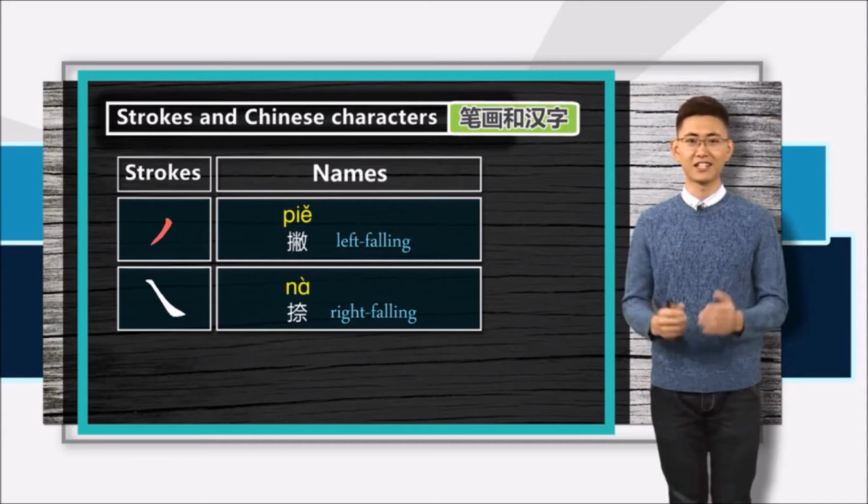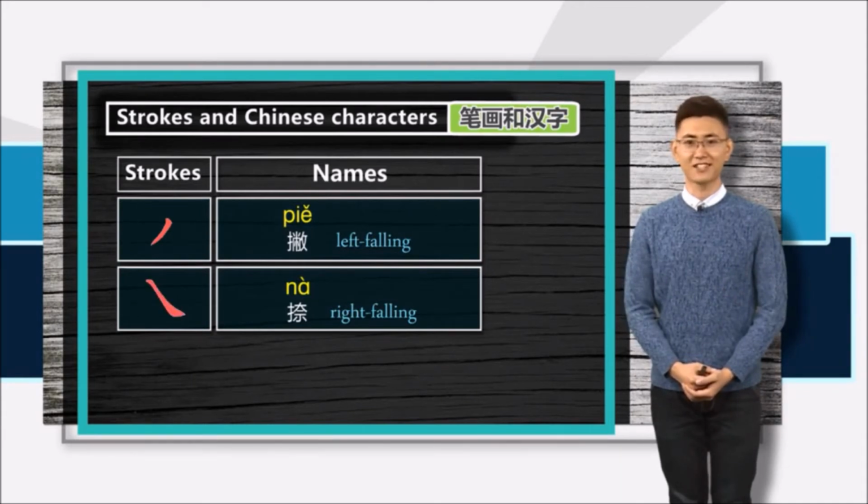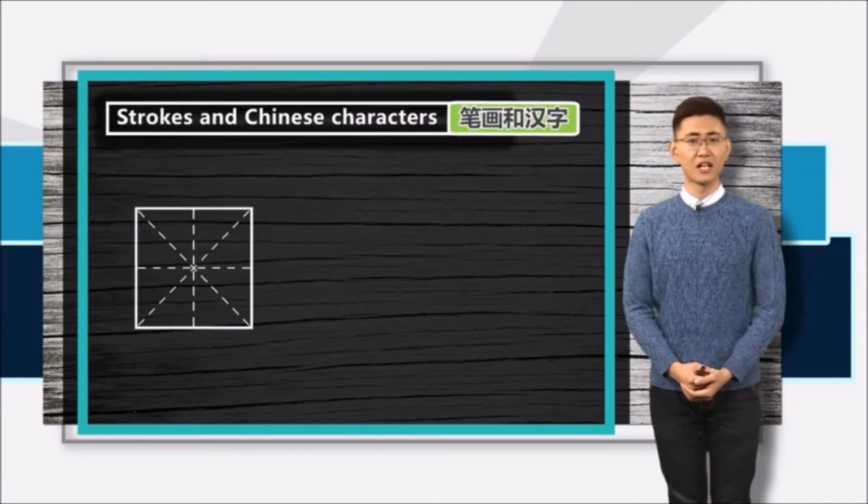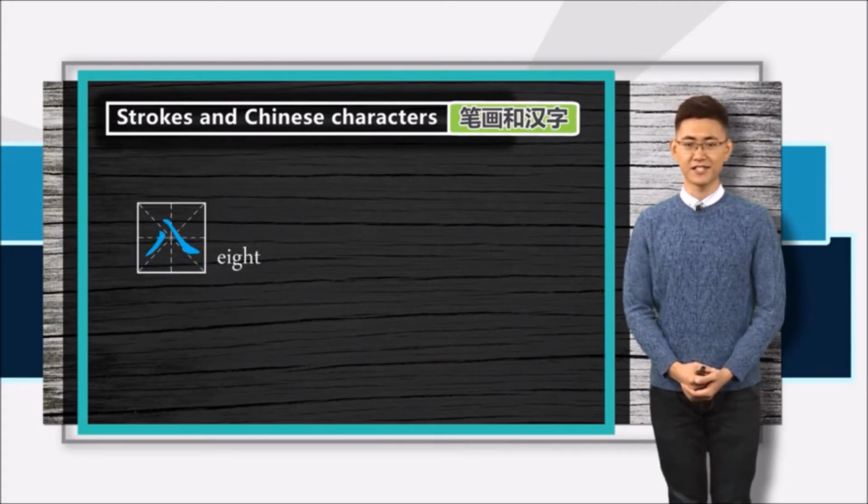When writing 那, you should write from the top to the bottom right. With a left falling on the left and a right falling on the right, they make a new Chinese character. It means 8. The pronunciation is 八.